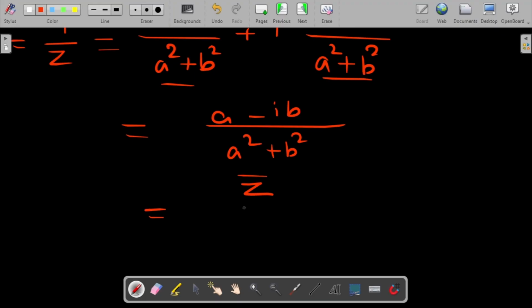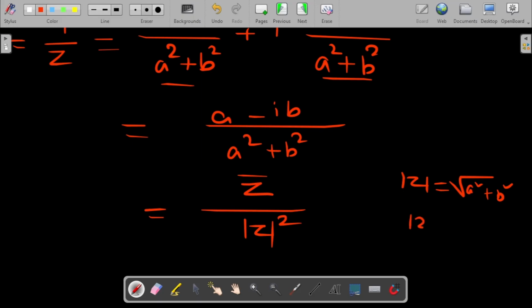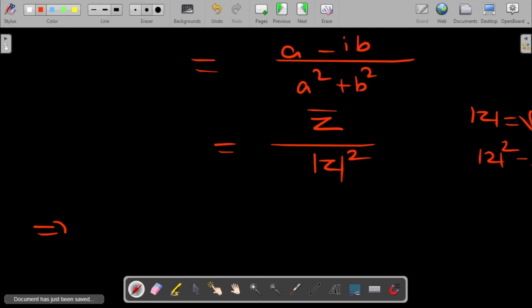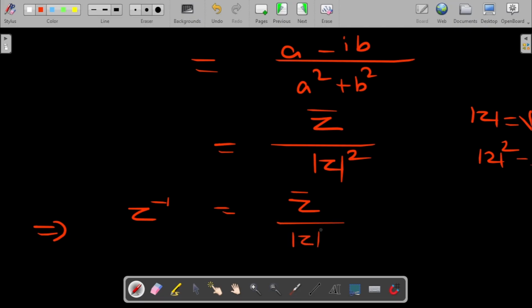This is equal to z bar over a square plus b square. And modulus of z is equal to square root of a square plus b square. If I take square on both sides, then modulus of z square equals a square plus b square. So here we get that z inverse, or 1 by z, equals z bar divided by modulus of z square.